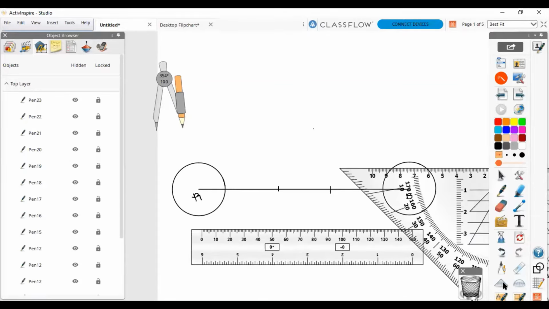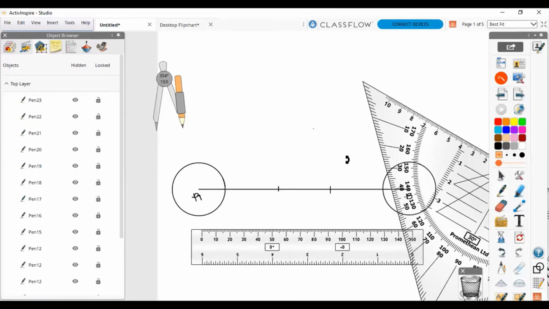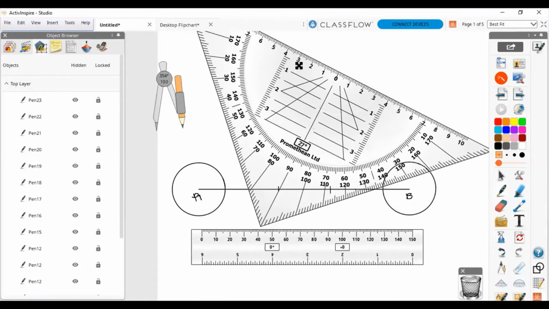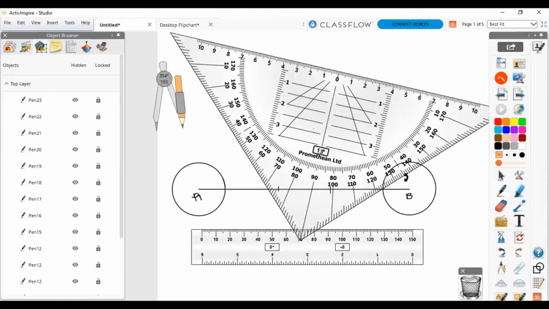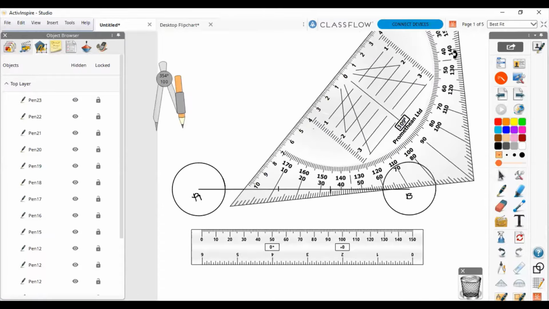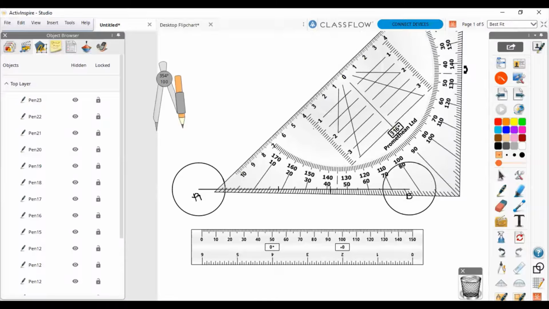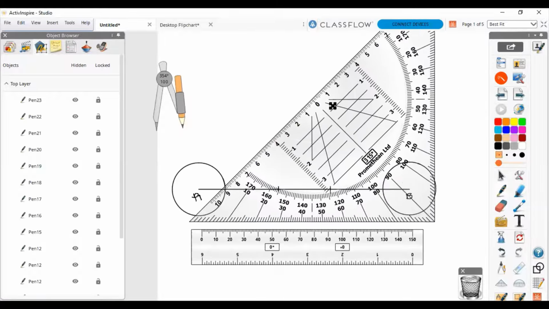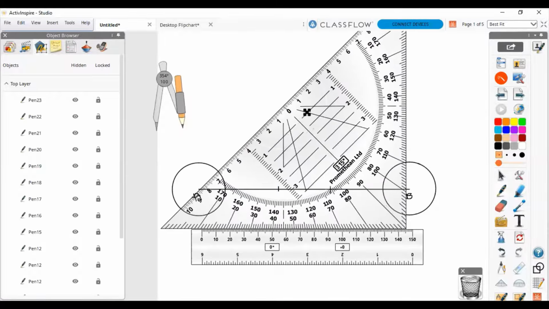Here's my set square. Let me move it here and reposition it. Repositioning my set square is proving to be a bit challenging. All right, let me set it here on the rule.